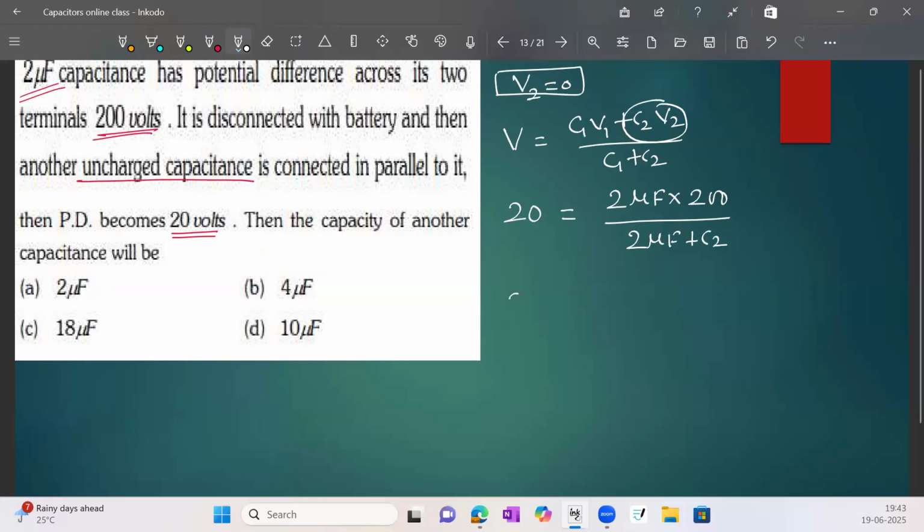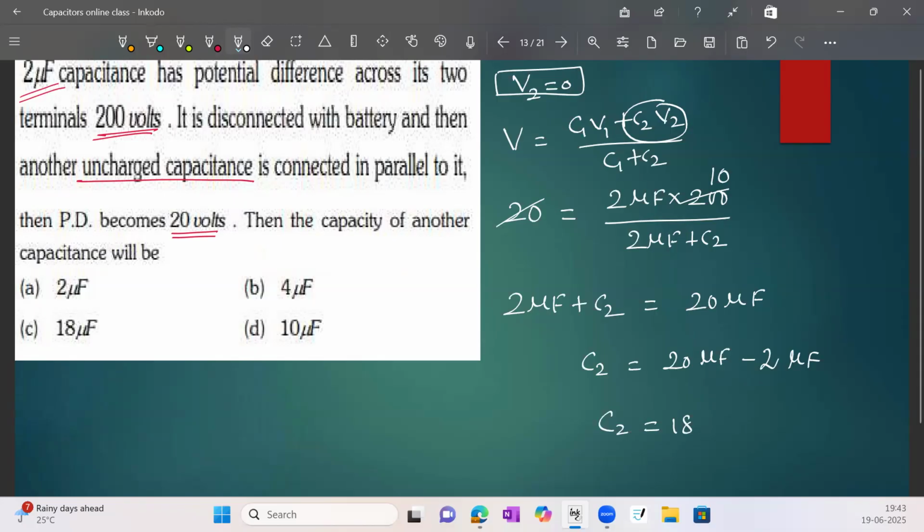So we want 2 microfarad plus C2 equals, 20 tens are 200 by 10, so it becomes 20 microfarad. So C2 is equal to 20 microfarad minus 2 microfarad. It becomes 18 microfarad. This is the answer for this problem.